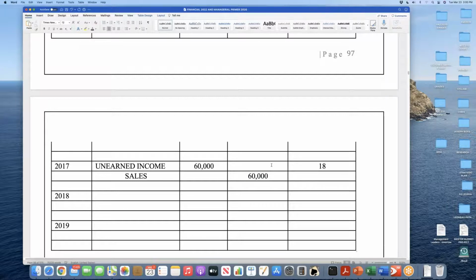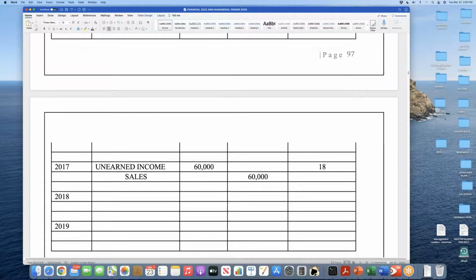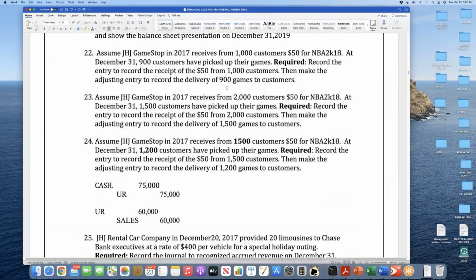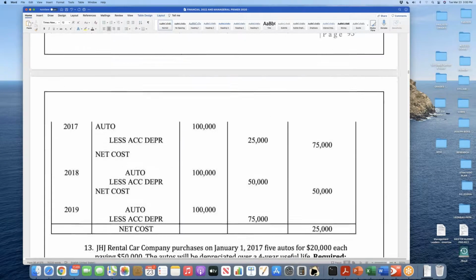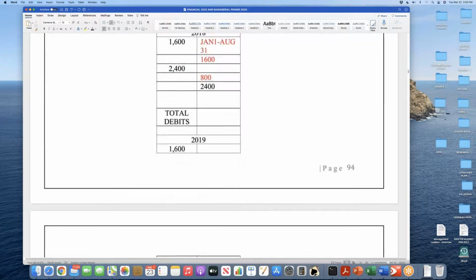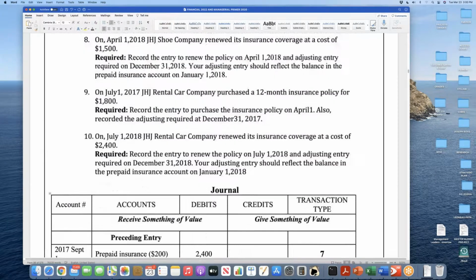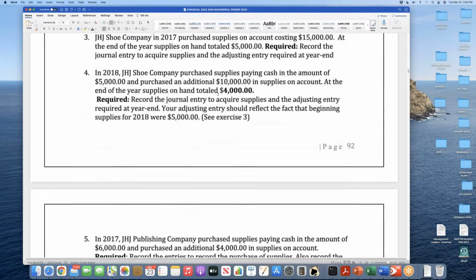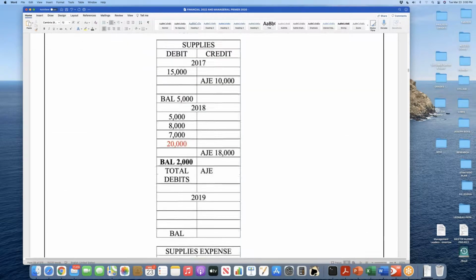Okay, so that's unearned revenue. That's kind of the easiest one. And there are others like that too, but some others are not.